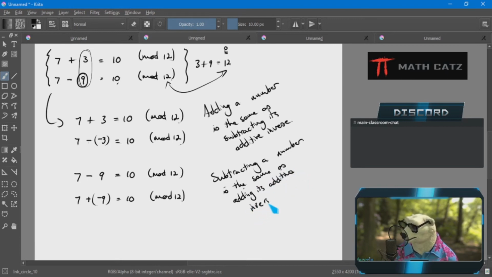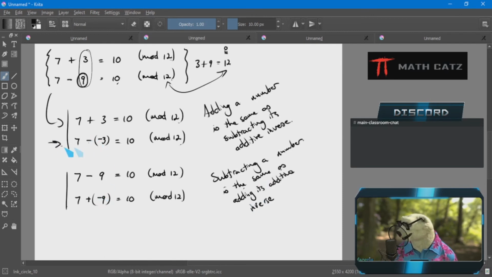In this case, it's a specific kind of inverse, the additive inverse. So in the mathematical sense, when I subtract by a number, it's always equivalent to adding by something else, and that something else is linked by the additive inverse concept.